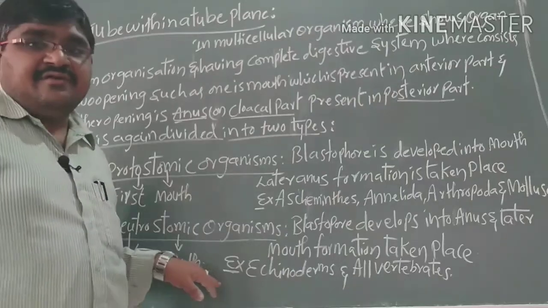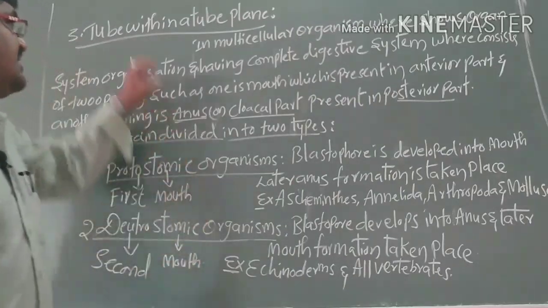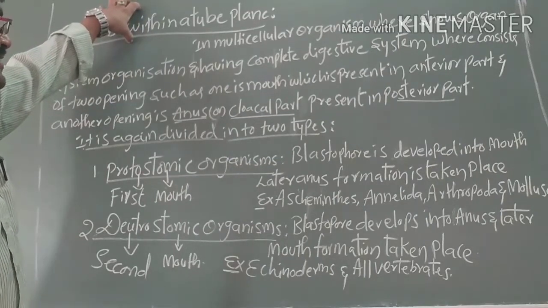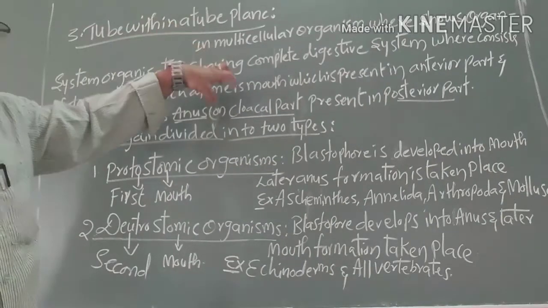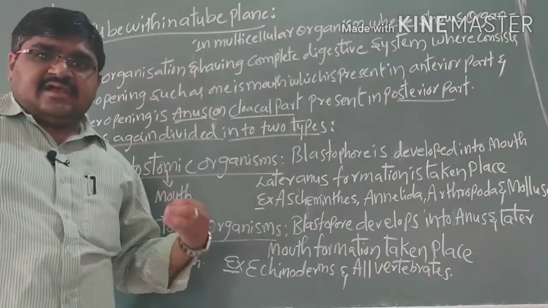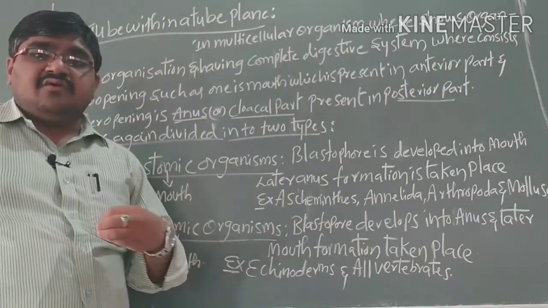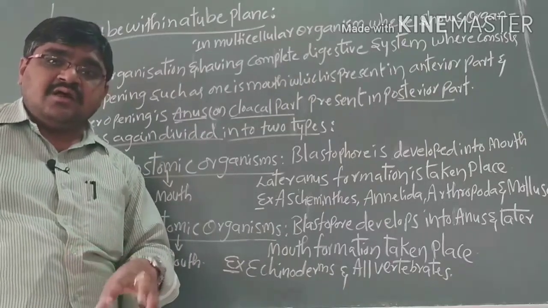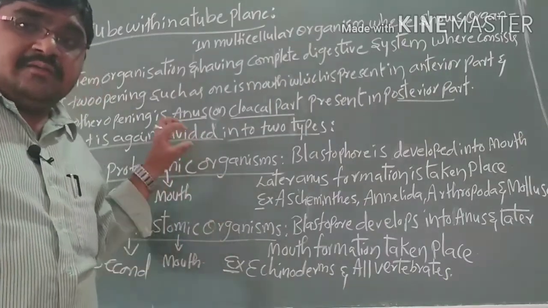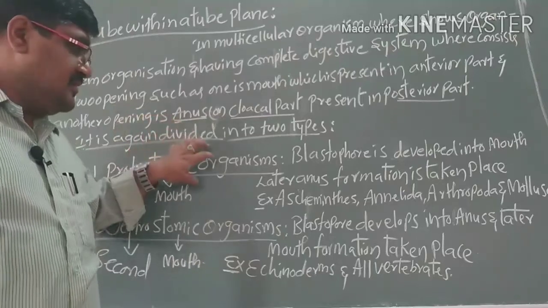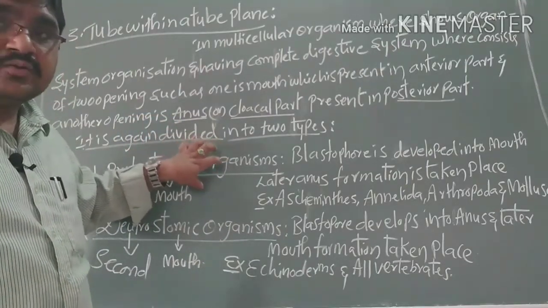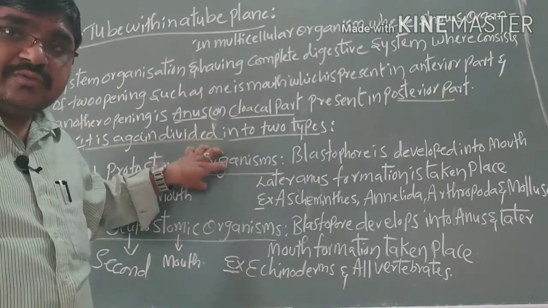So this is the tube within the tube plan, having two openings. One is the mouth, through which food materials are taken in, and another opening is for the elimination of waste materials, that is the anus, present in the posterior part. Based on the blastopore formation, the organisms are classified into two types, protostomic and deuterostomic.